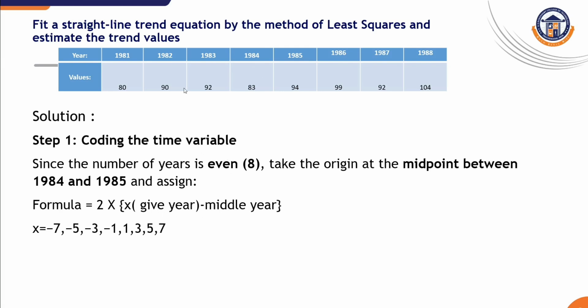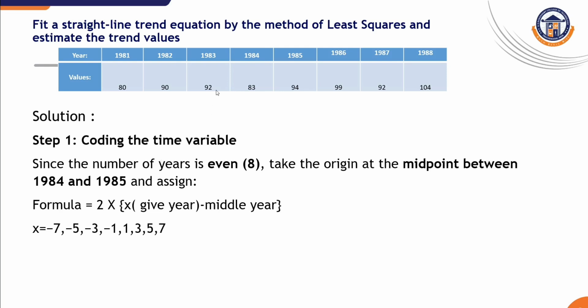Second, 2 times 1982 minus 1984.5, the value is minus 5. Then 2 times 1983 minus 1984.5, the value becomes minus 1.